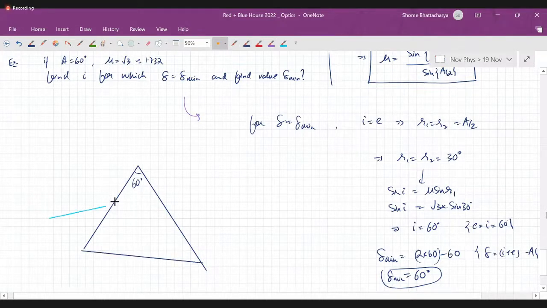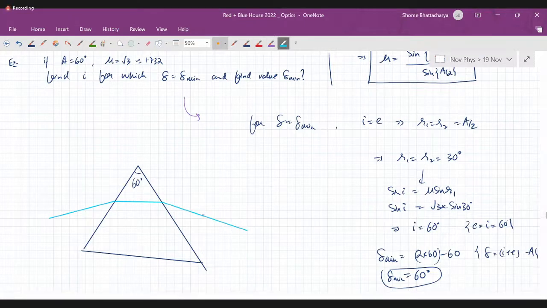But what is important here is that the angle of incidence should be such that this symmetry works out, that the angle of emergence comes out to be the same. And for that to happen in this particular case, what we are seeing is that I want the angle of incidence to be 60 degrees. So that this is what happens.